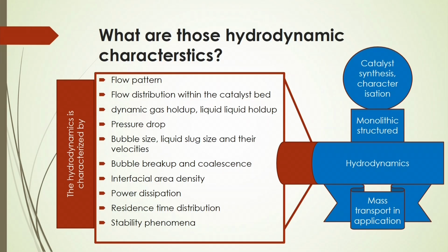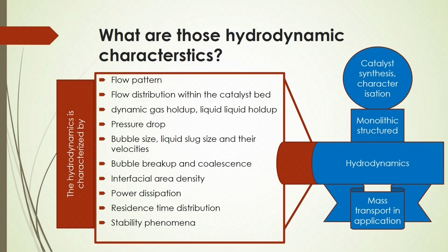And also if the bubbles are forming inside the channels, then how they will break up and how they may coalesce to get an elongated bubble size, that also has to be considered as a hydrodynamic characteristic.